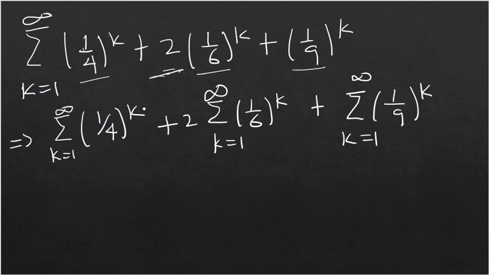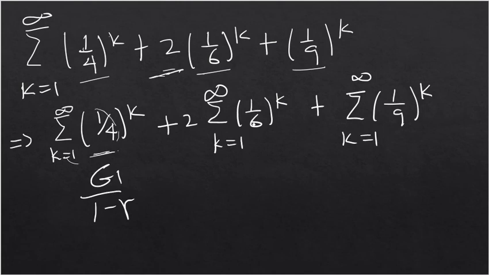At this point, we need to see that this is a geometric sequence. The G1 and the common ratio is 1 over 4, the one in the bracket, because it is (1 over 4)^k. Since 1 over 4 is less than 1, we can apply the geometric series formula, G1 over 1 minus R. For the first, G1 and R are 1 over 4.